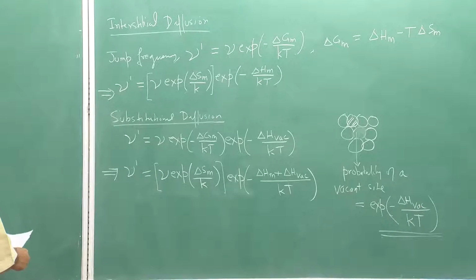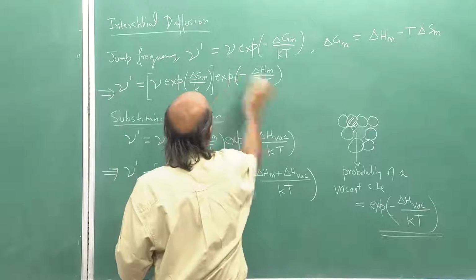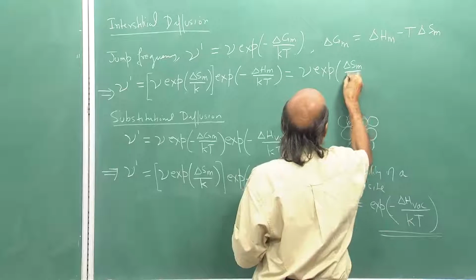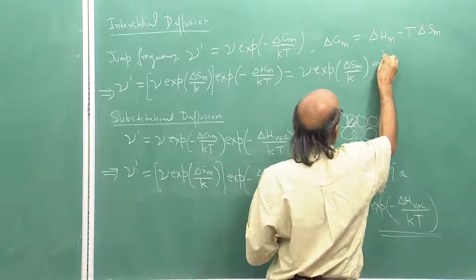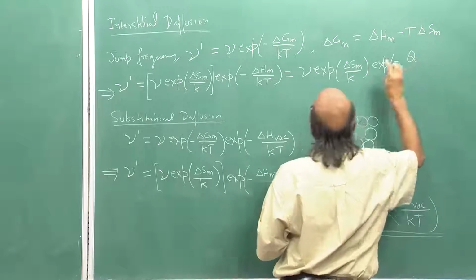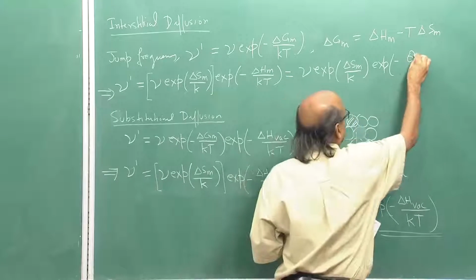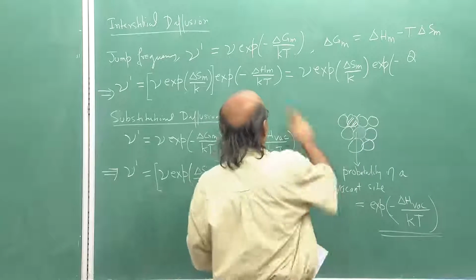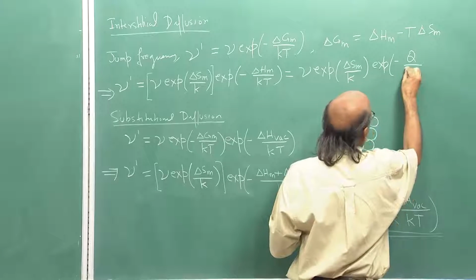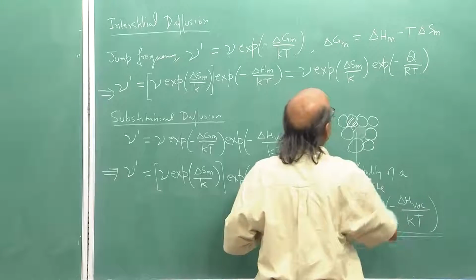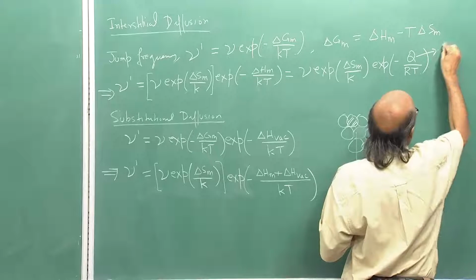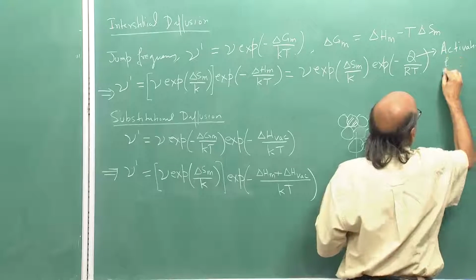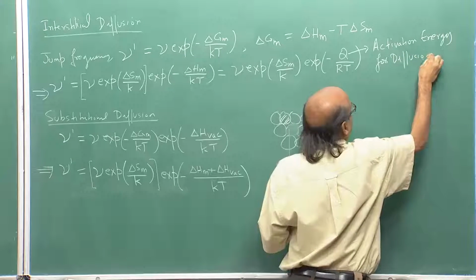Now in general, I can express for interstitial diffusion nu exponential delta Sm upon k times exponential minus Q. Instead of writing delta Hm, I am writing Q, and I am writing this Q in terms of energy per mole, and hence instead of writing the Boltzmann constant k, I will replace it by R. I will write it in this fashion, where Q is called the activation energy for diffusion.